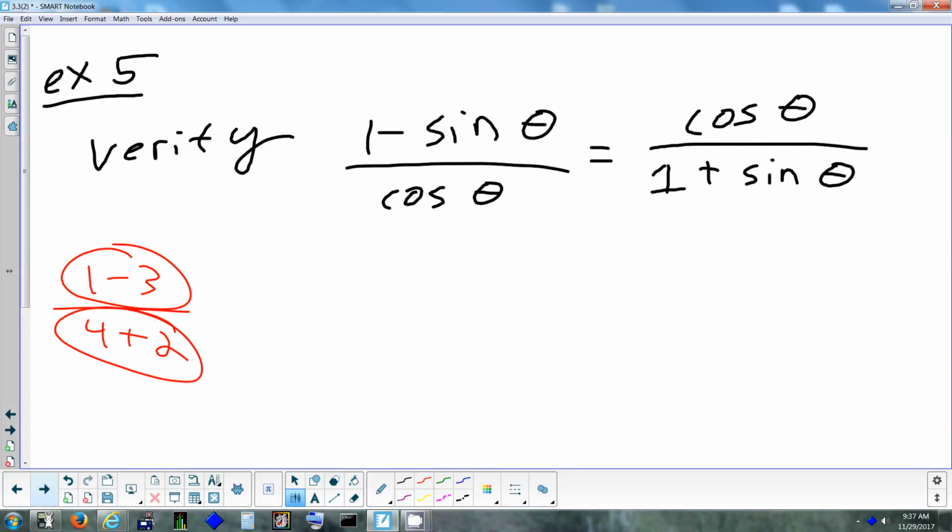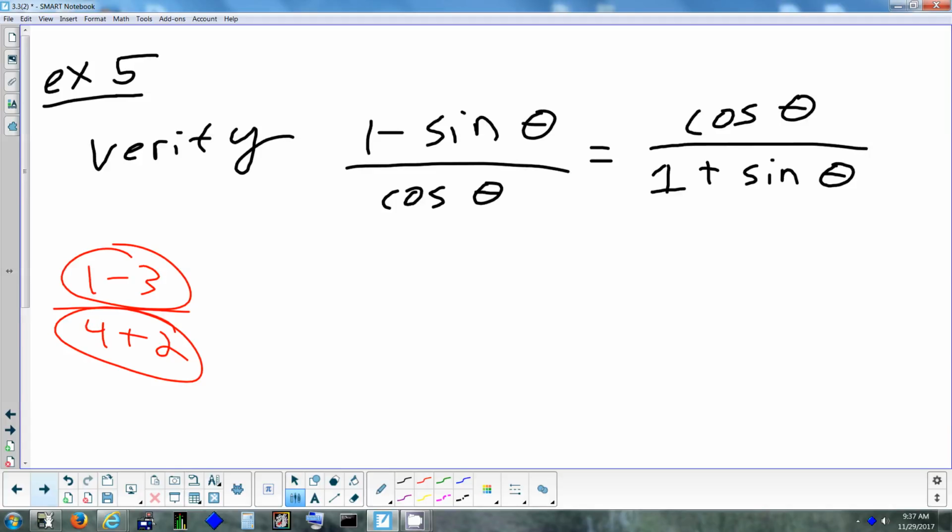When I look at it, I'm not really sure which side looks more complicated. Both sides have either a numerator or a denominator that has an operation in it. I don't think addition or subtraction, I don't think one is really that much easier or harder than the other. Both of them use all the same trig functions, and both of them have either a numerator or a denominator with just a single trig function. In fact, in this case, exactly the same trig function, cosine and cosine. So it's up to you.